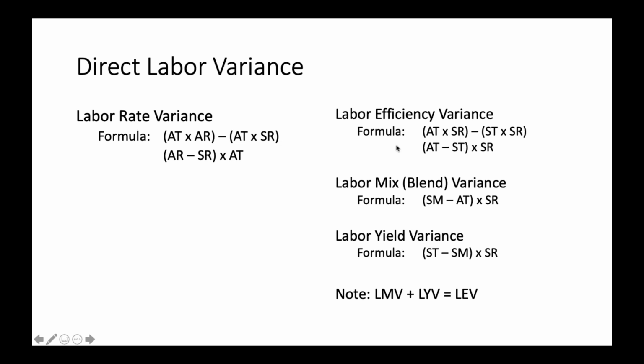For material, we use material quantity variance, but for labor, since this is an effort being rendered, a service being rendered, we use the word efficiency. So labor efficiency variance is the difference in time multiplied by the standard rate.